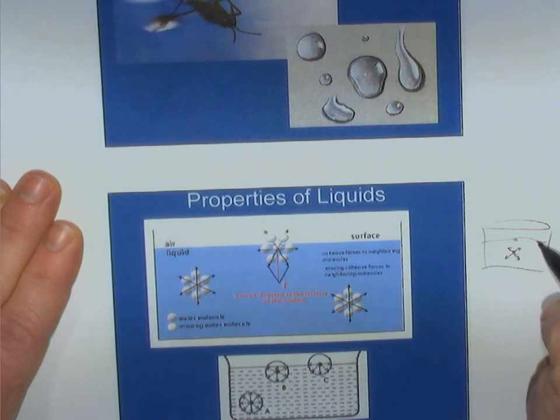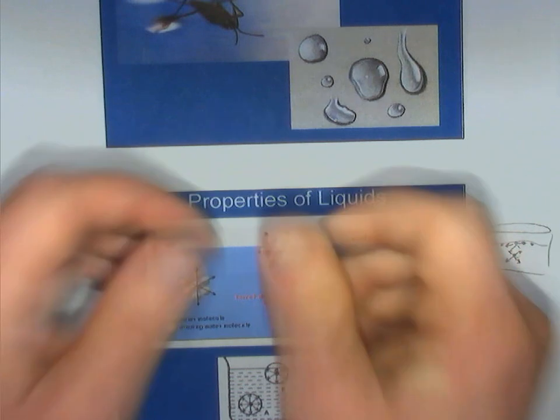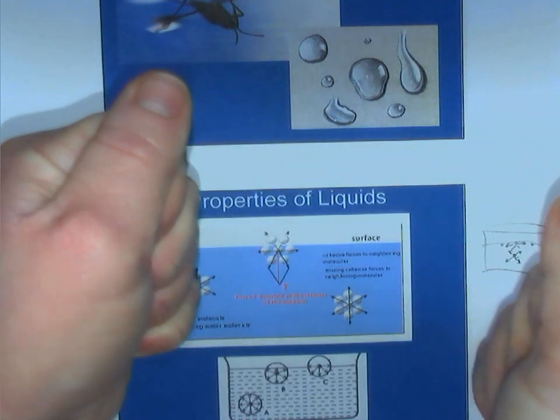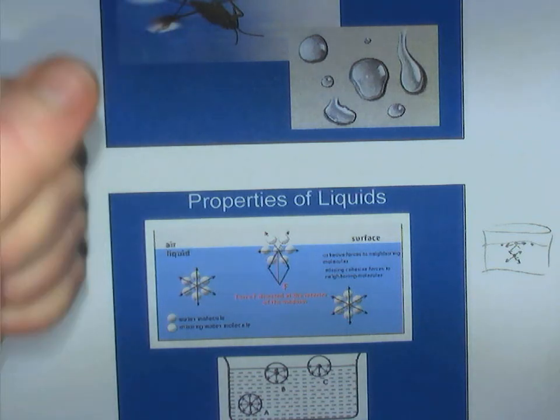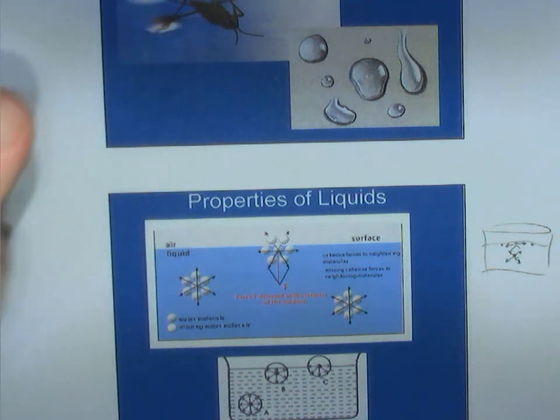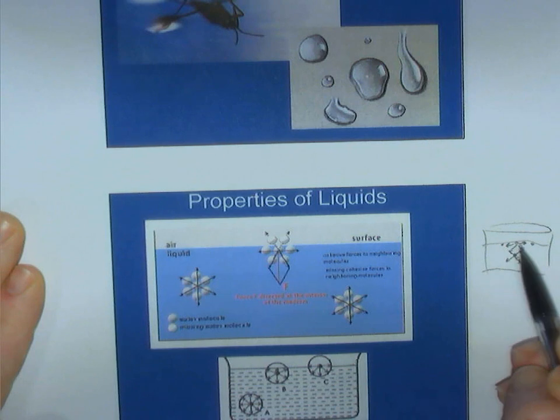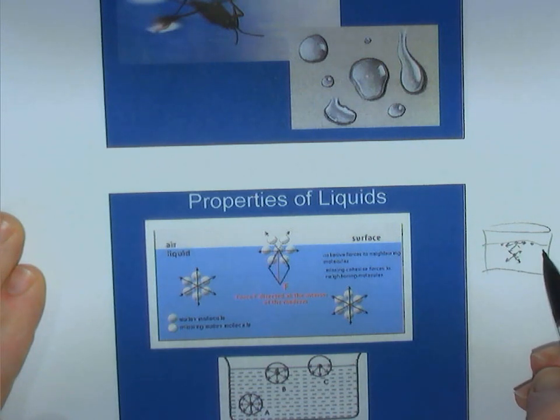However, the ones at the surface are only pulled to the side and downward. What that does is create a tightening at the surface. Imagine pulling on a piece of saran wrap or a Ziploc bag. That's what these particles are doing to the surface particles.